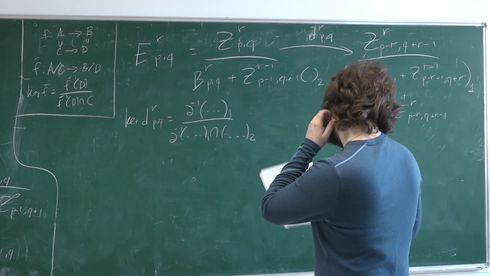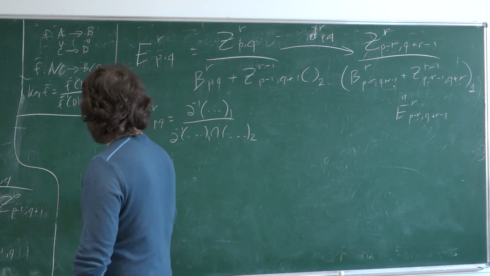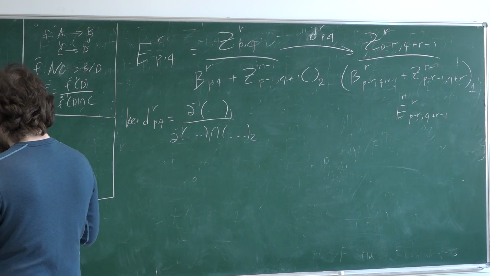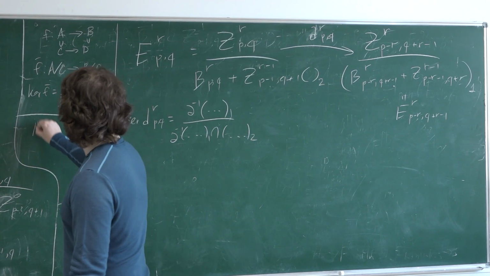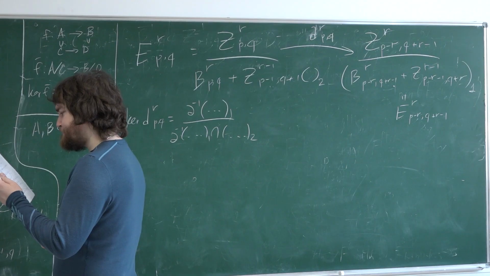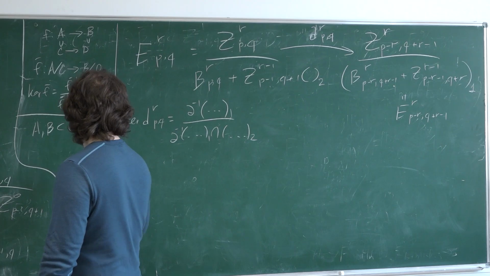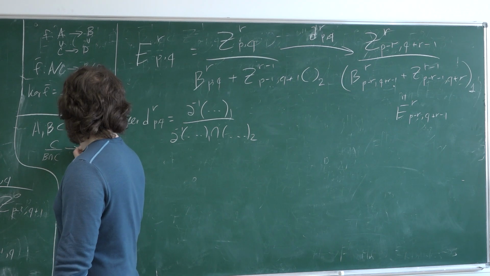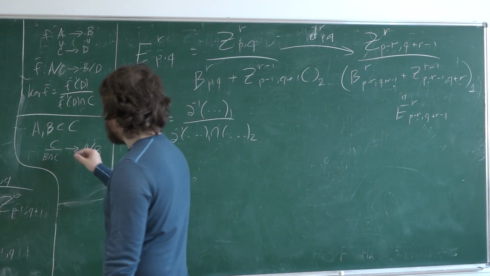Okay, and now I want to understand what this is. The last easy fact from algebra: if I have two submodules B and C of A, then I have A modulo B, and I can consider C modulo the intersection of B with C. And I have a natural map induced by the inclusion of C into A. It's always injective.